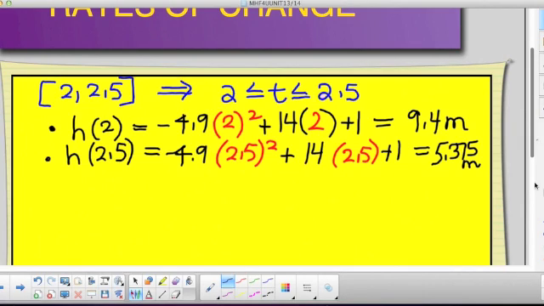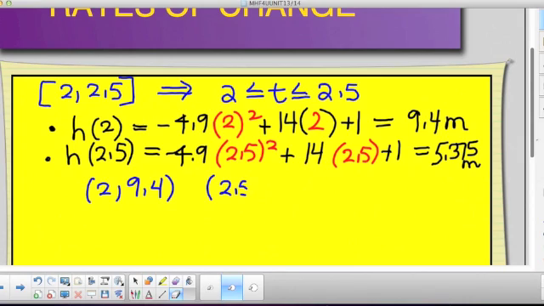Okay, that means now I have 2 points: 2 and 9.4, and my coordinates 2.5 and 5.375. When time is equal to 2.5, I have 5.375.